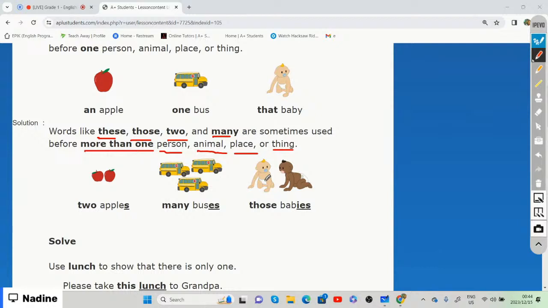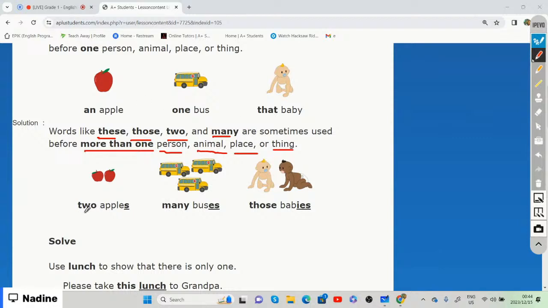So it's like what we said about this, that, a, and an, that come before a singular noun. Now, what comes before a plural noun is words like these, those, two, or many, because now it will show that there is more than one person, animal, place, or thing.